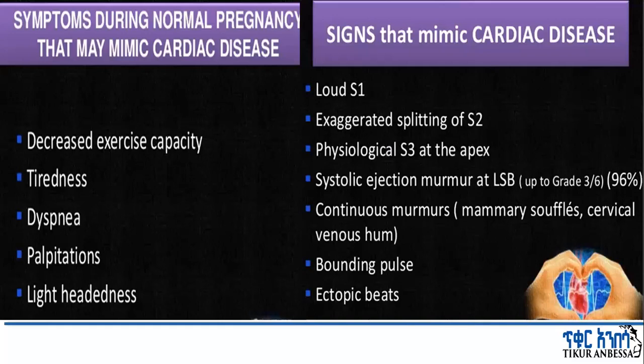But if it is grade 3 or greater, we need to exclude the presence of cardiac disease. There could be a continuous venous hum murmur because of mammary engorgement, and there could be some ectopic beats. So these are all symptoms and signs we can get in patients with normal pregnancy, and they may be confused with cardiovascular disease.